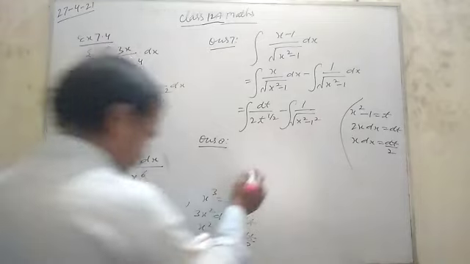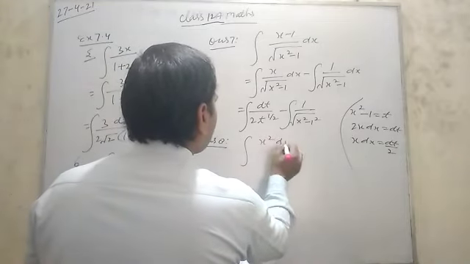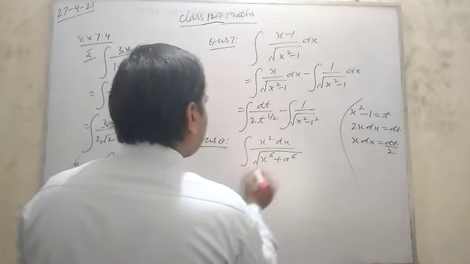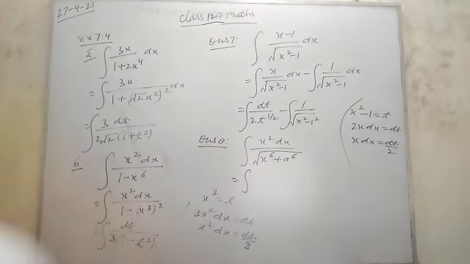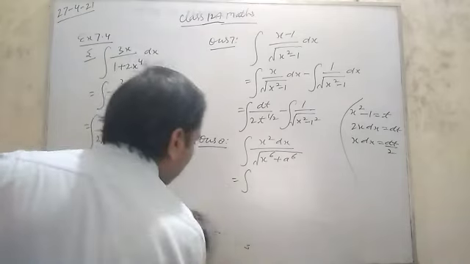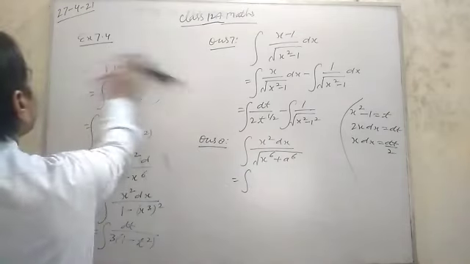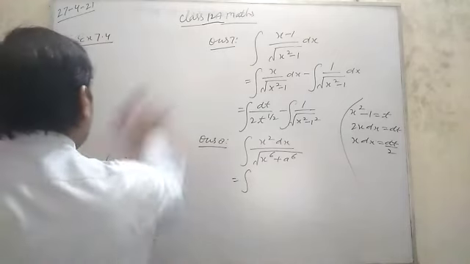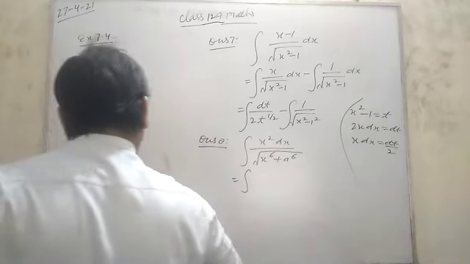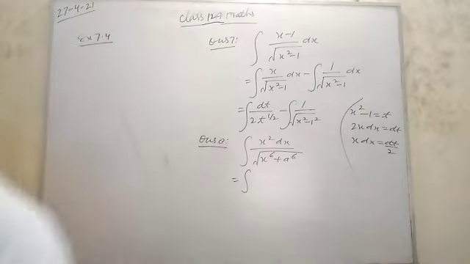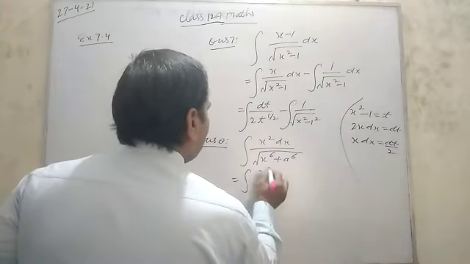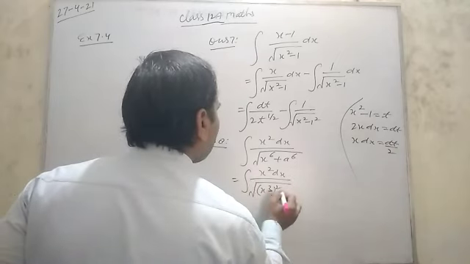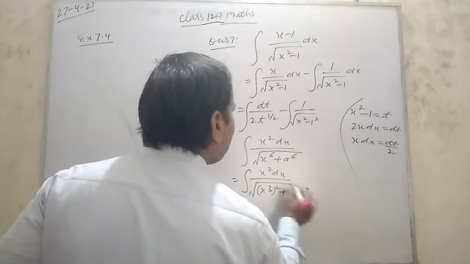Question number 8. x square dx upon x power 6 plus a power 6. Okay. So this, x square dx upon under root this, we can write x cube whole square plus a cube whole square.